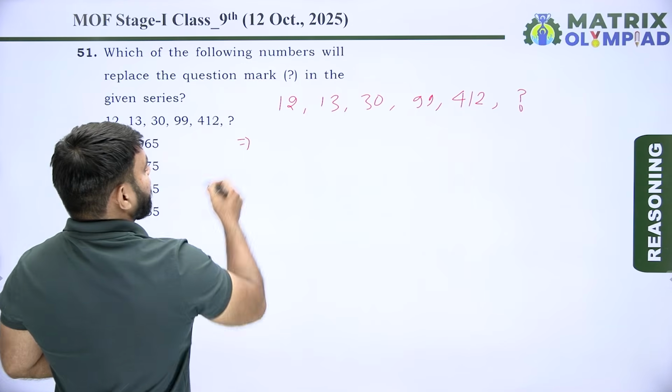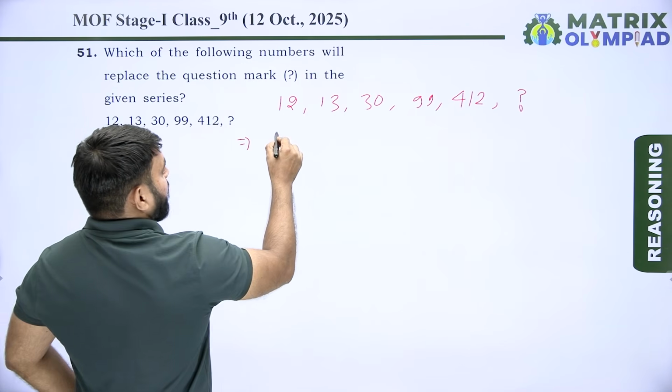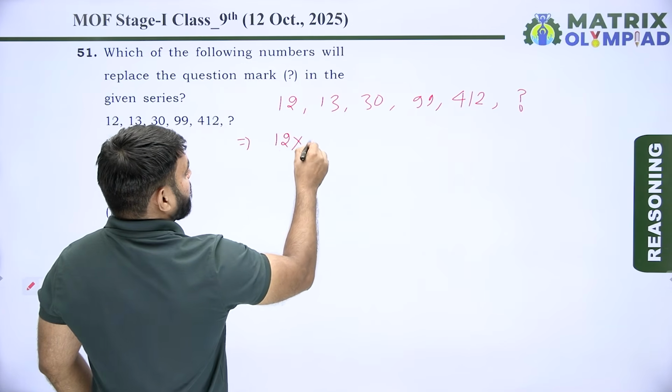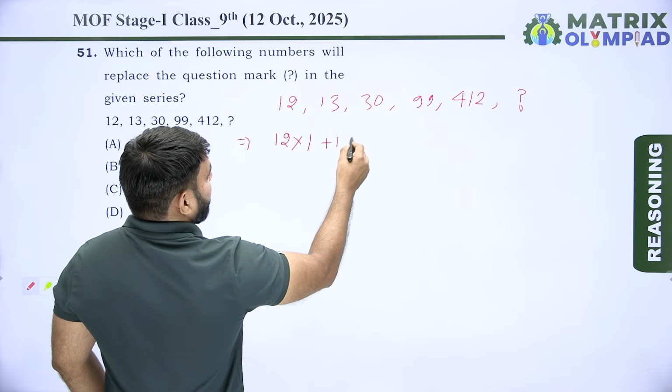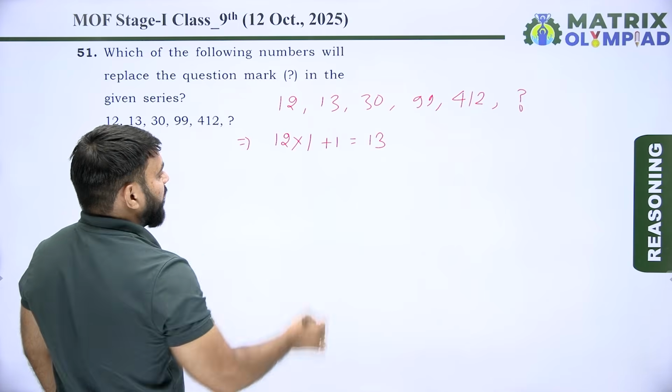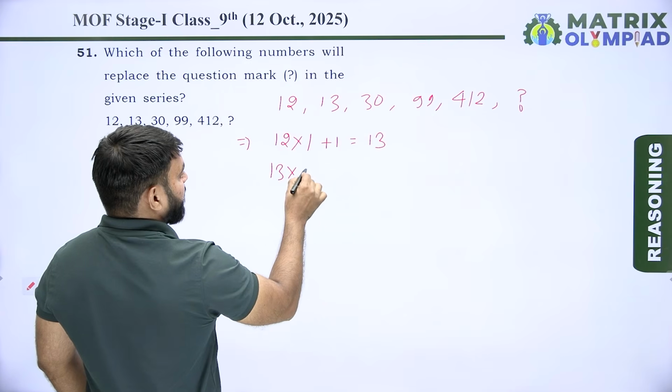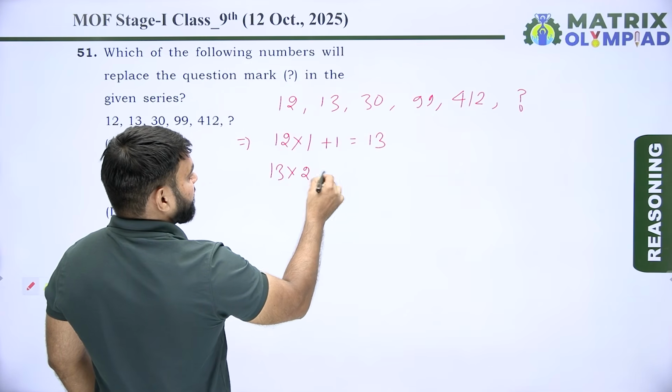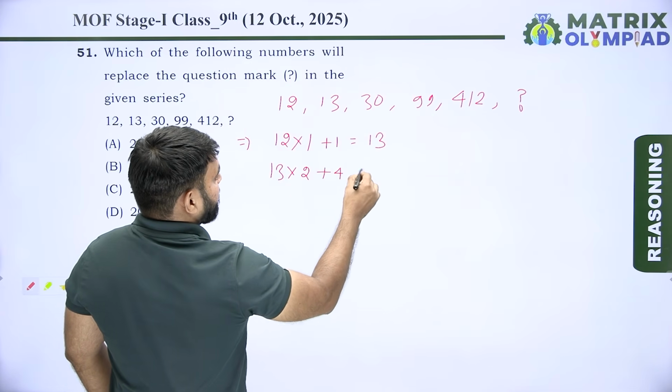The pattern of the series is: 12 multiplied by 1 plus 1, then we get 13. Now 13 multiplied by 2 is 26, plus 4, then we get 30.